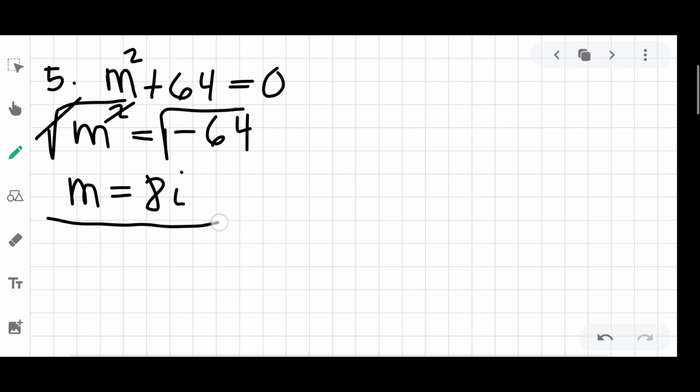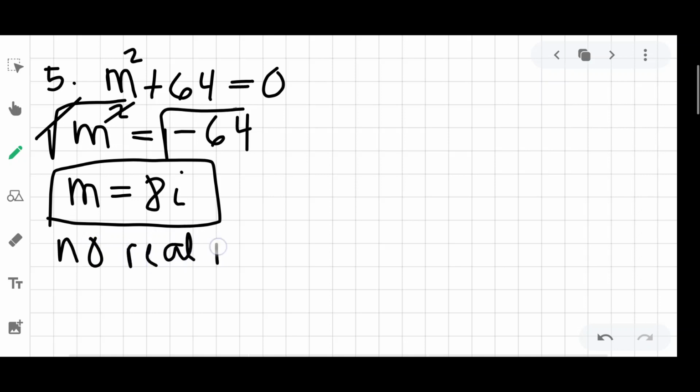Ito na yung sagot. So, our answer is, there is no real solution. There is no real roots. Kasi po, negative siya. So, I hope you understand our topic about extracting the square root.